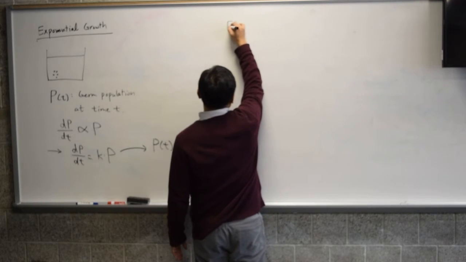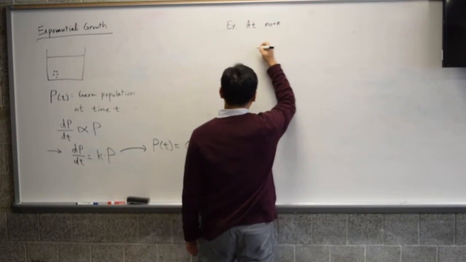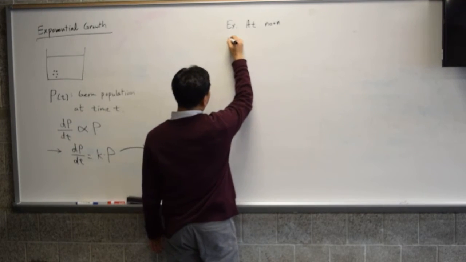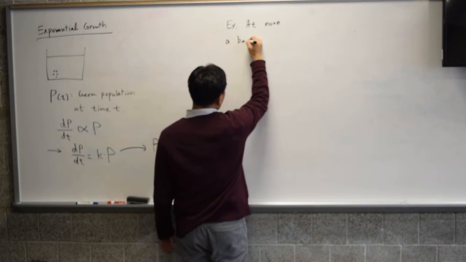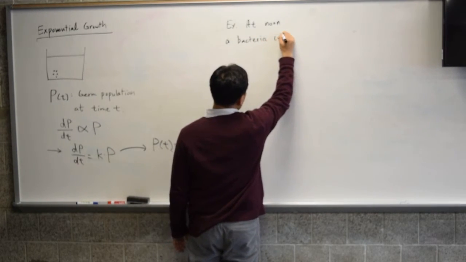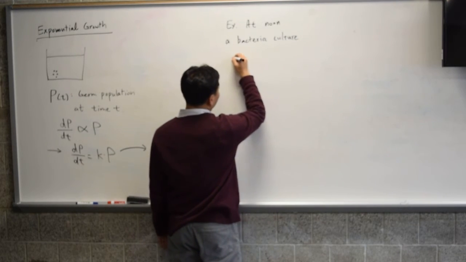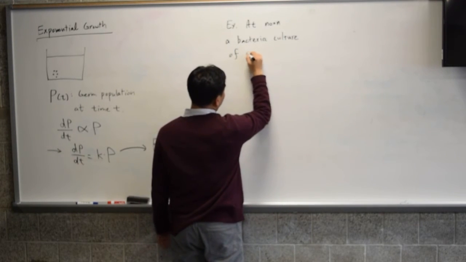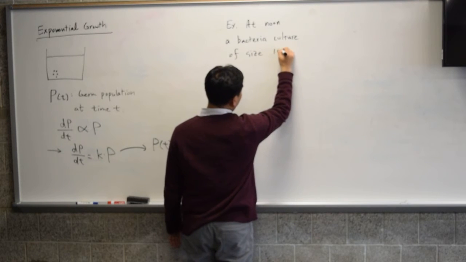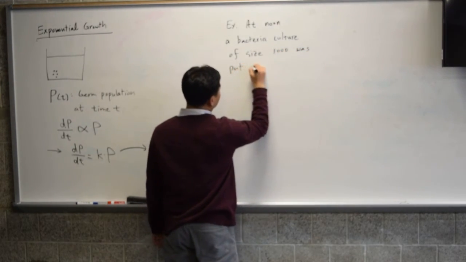So, example: at noon, a bacteria culture of size 1,000 was put into a tank.